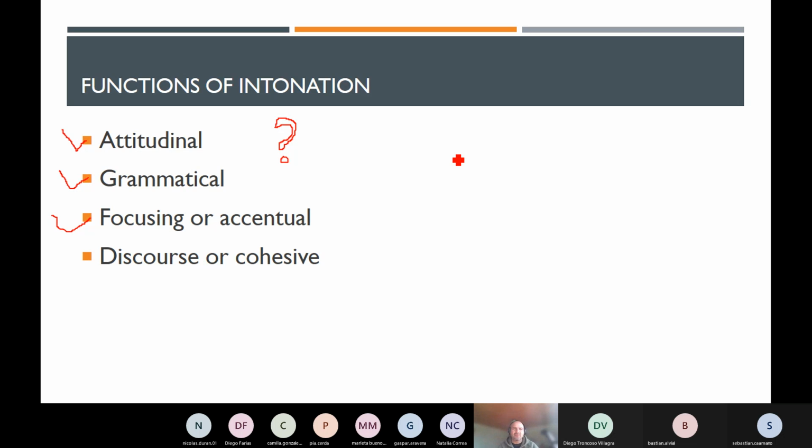You put emphasis on one element that you want to highlight, that you want the listener to pay attention to. And that's why you select that specific element of the sentence, that in general should be a content word, right? But sometimes, depending on the context, you decide that it's a different element like a function word, and that's simply what you're going to make more prominent in a sentence.